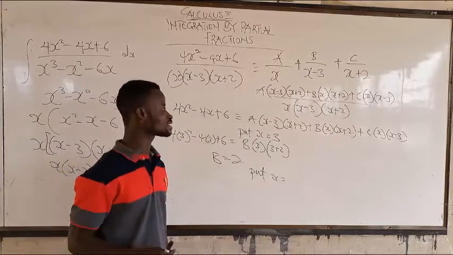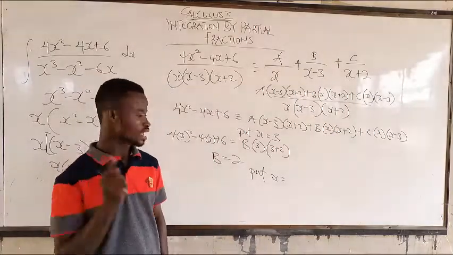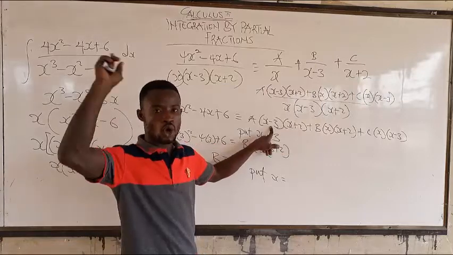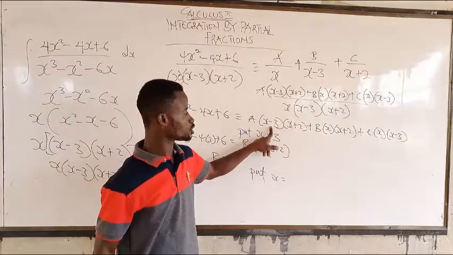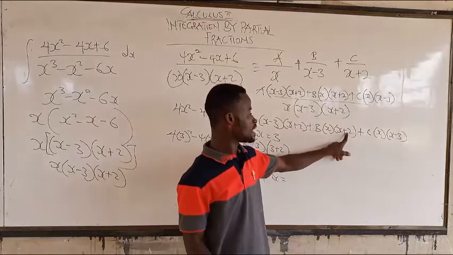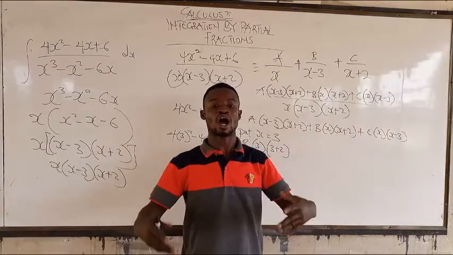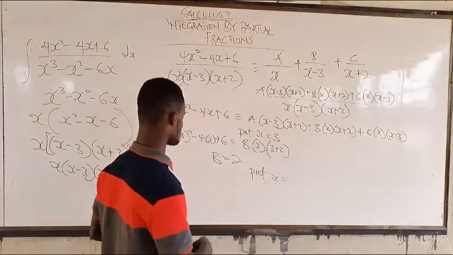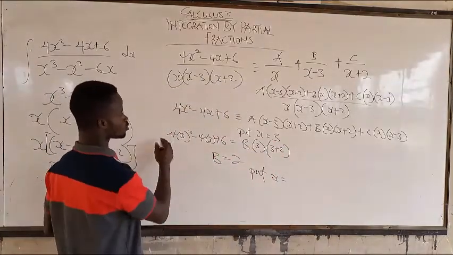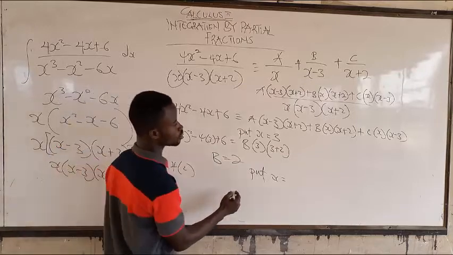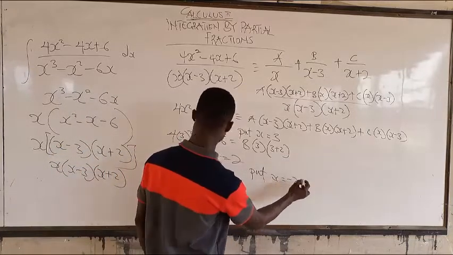You can see that when we put x equal to negative 2 here, A will vanish. Negative 2 here, B will also vanish, so that C will be free for us to solve. So we replace that by negative 2.